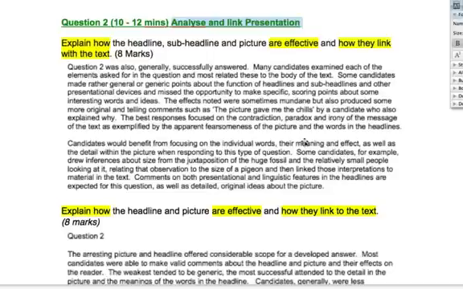So we might look for, say, the word hoodlum was in there and we had a picture of someone with a hoodie. That's not a direct reference, because hoodlum is more the word for a gangster, whereas a hoodie is obviously a type of clothing, but the link could be made in terms of the use of the word hood in hoodlum, referencing and linking to the person wearing the hoodie. That would be a link.